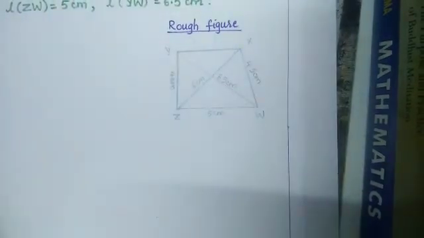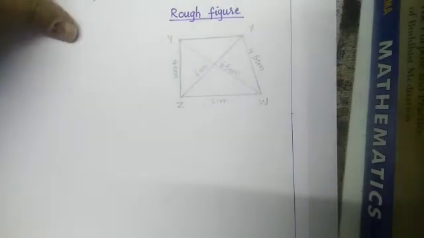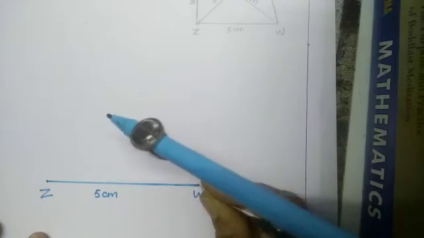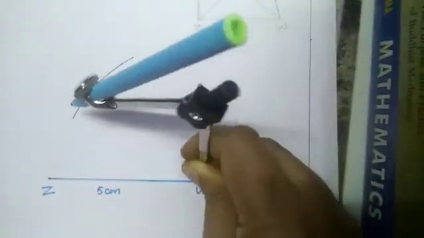So I will take the measure of 6.5 centimeter on our scale and then we will draw the arc from W towards Y. Okay children? This will be your 6.5 centimeter arc, isn't it?